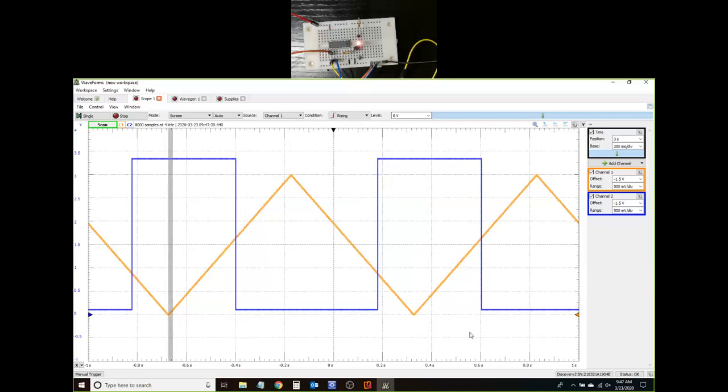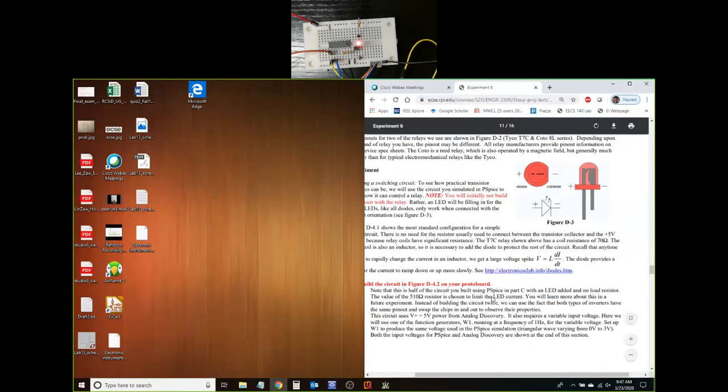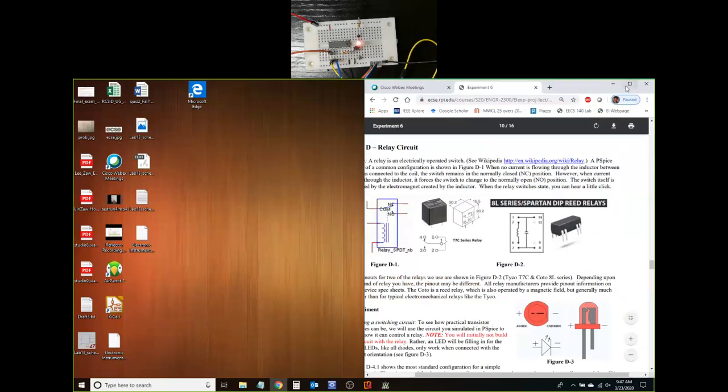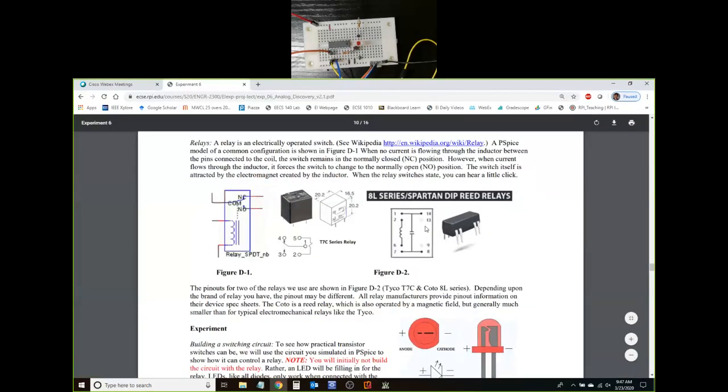instead of seeing the LED blink, you can also hear a mechanical relay click. So the way the mechanical relay works is, if you look at the experiment 6 write-up, that's a mechanical relay.